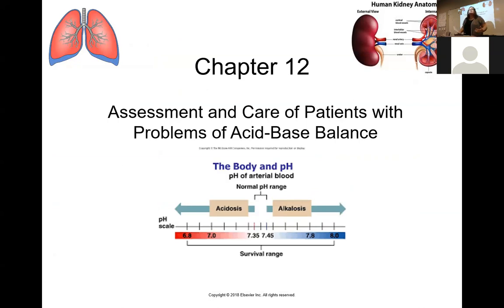This is that assessment component. And a lot of MedSurg 1 is about the assessment, right? What do we see in our patient? What do we hear? What do we feel? What are the labs? What are the indicators that something's off or wrong? So a lot of it is learning what's normal so that when we see that it's abnormal, we know there's a problem, okay?